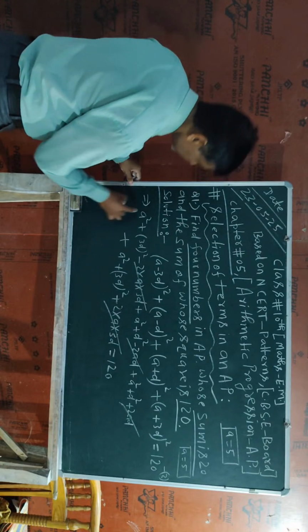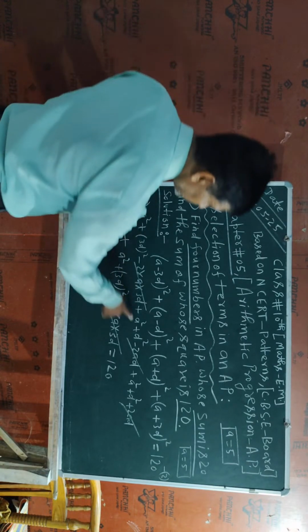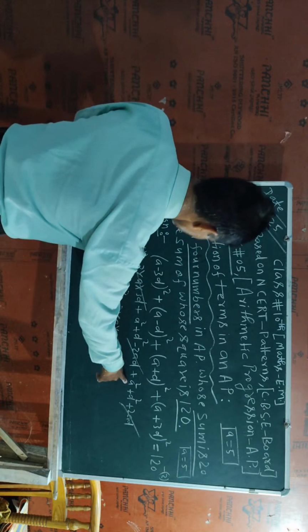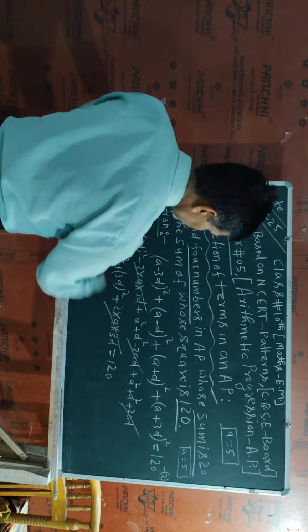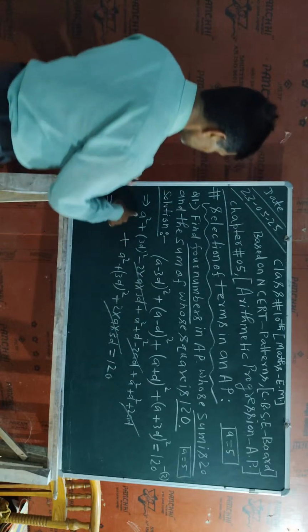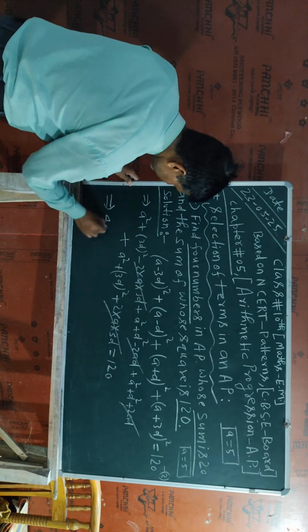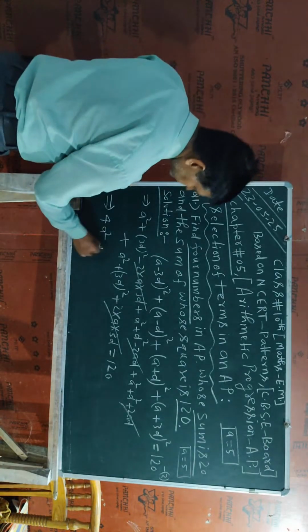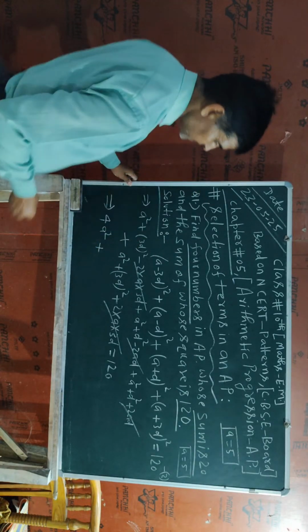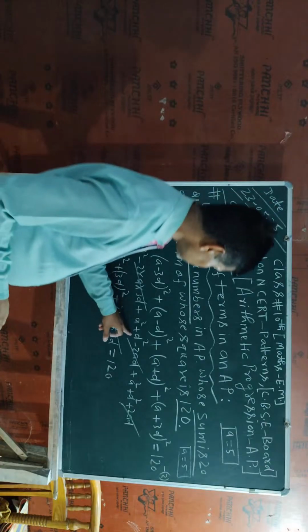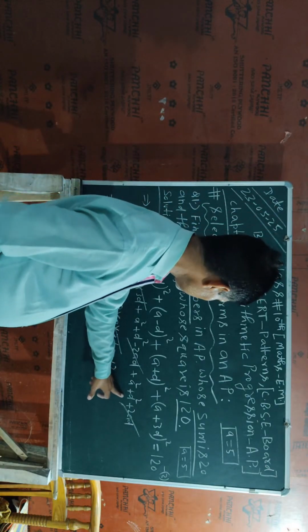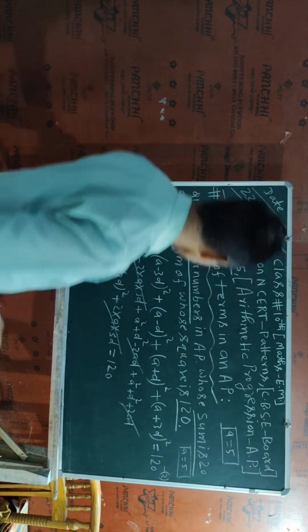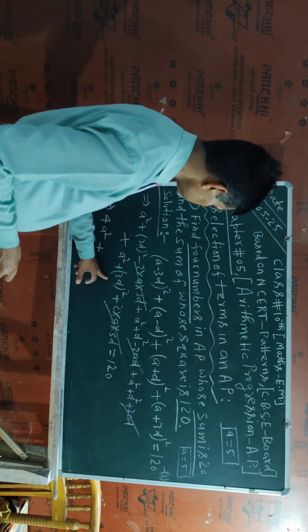After simplifying I will say a square, a square, a square, a square. So 1, 2, 3, 4, so for a square I have to write 4a square. Now here 9b square and b square, 10b square, 11b square plus 9.